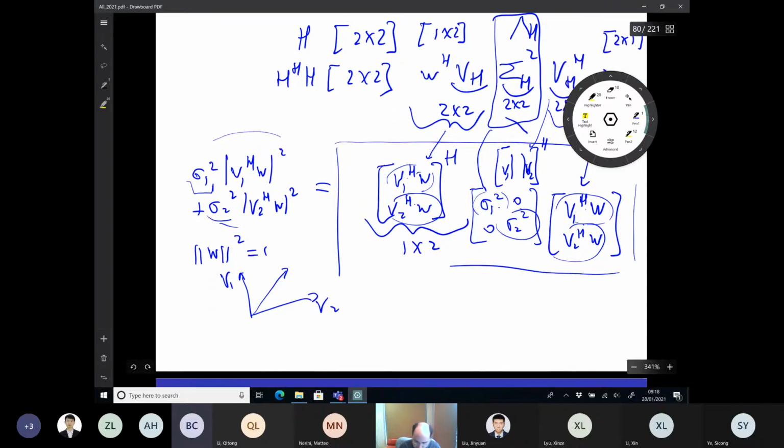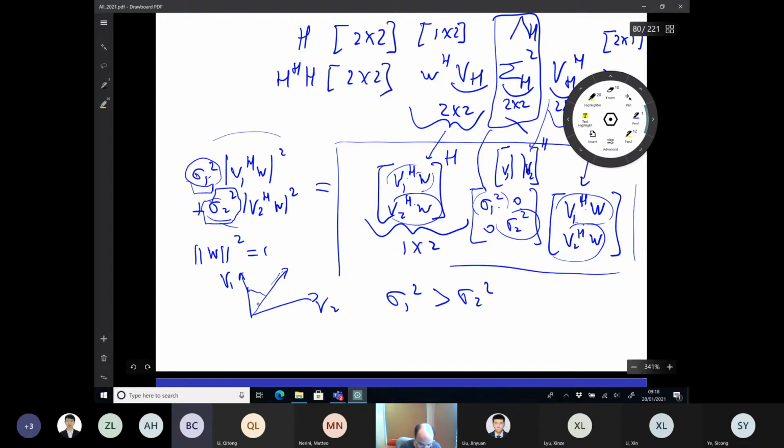So let's imagine that the eigenvalues are ordered in descending order. So I have sigma 1 square larger than sigma 2 square. So this term here will be larger than that, right? So that means I should try to maximize this term here because my return on investment will be larger, because this coefficient is larger, right? So I should tweak W towards V1.